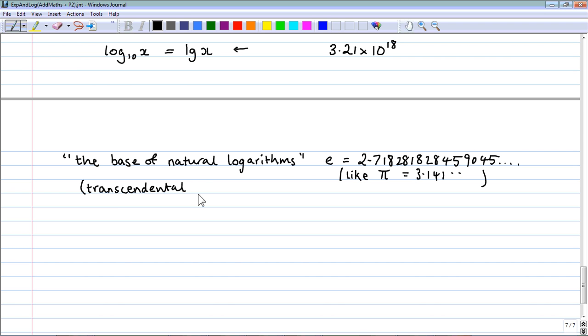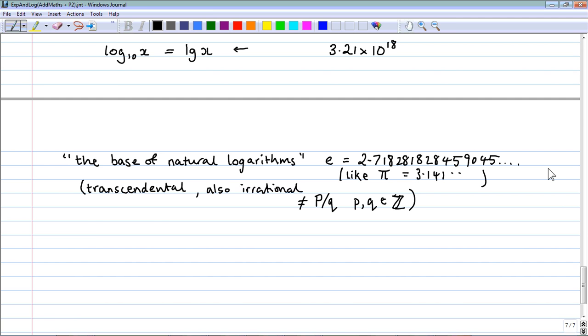It can't be expressed as p over q, where p and q are integers. There are no integers we can use to make a formula for e, so its decimal expansion continues forever with no repeating pattern.